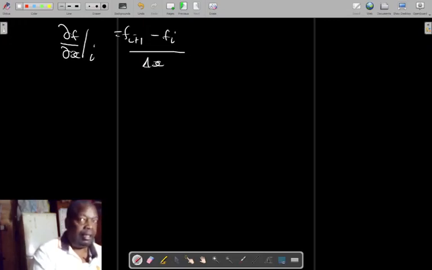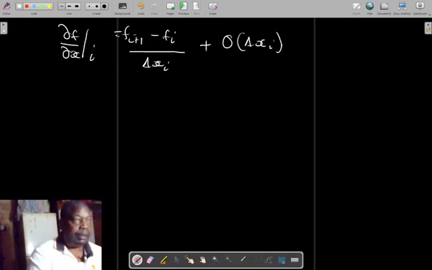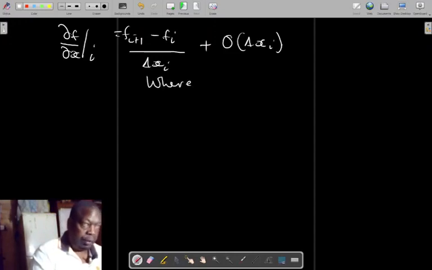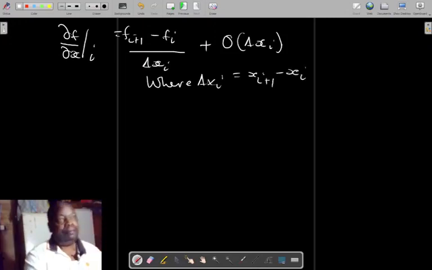Okay, you can be specific, delta x_i, plus O(delta x_i), where delta x_i is equal to x_{i+1} minus x_i.